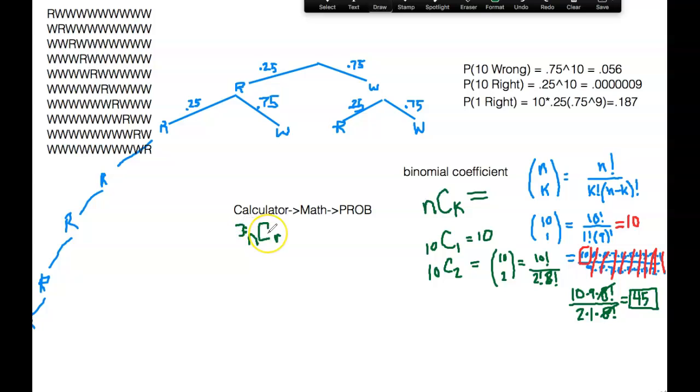So here's how you're going to enter it into the calculator. You're going to enter 10. Then go to Math PRB, number 3, nCr. And then the number. I want to do 10C1. I should get 10.